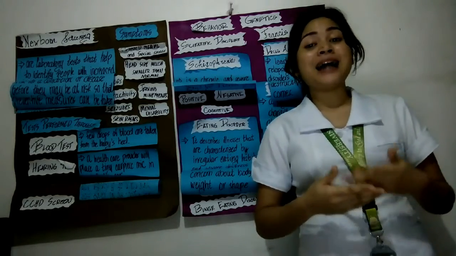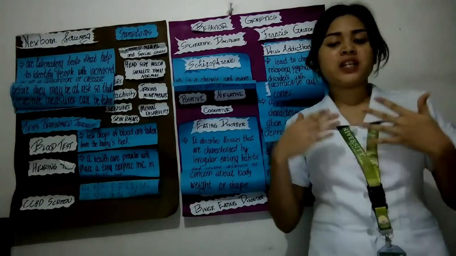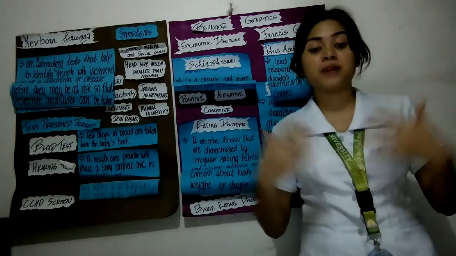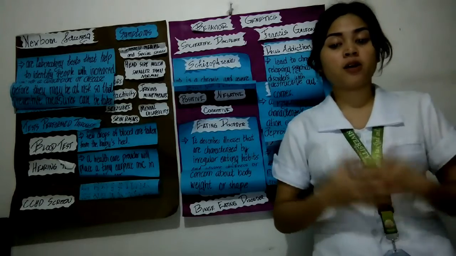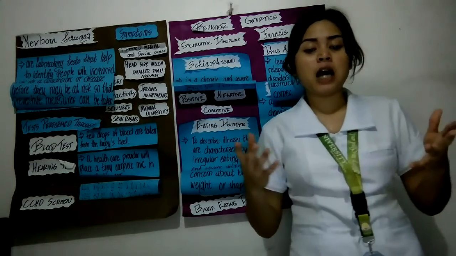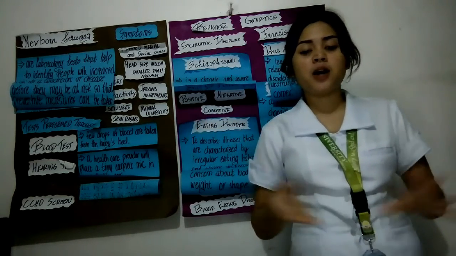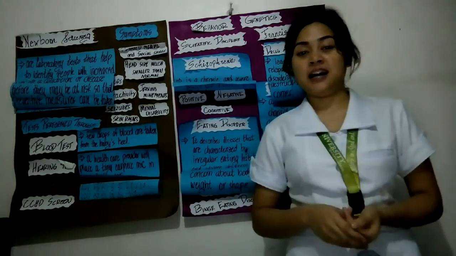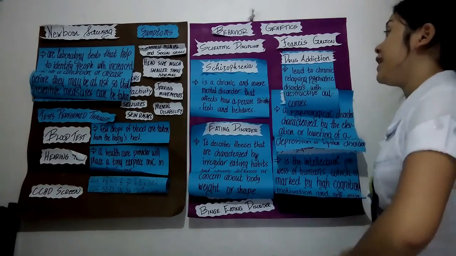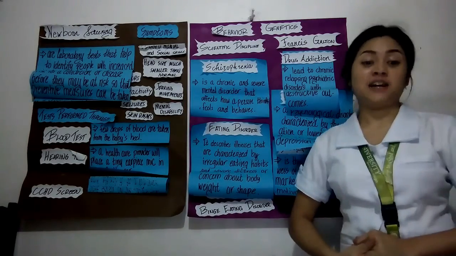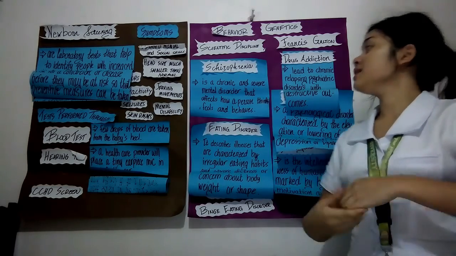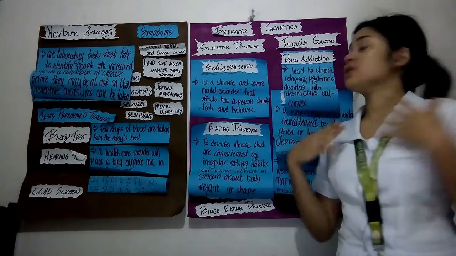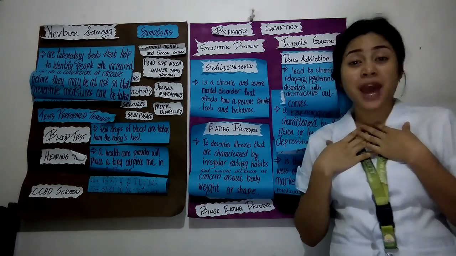focuses on identifying specific genes that affect behavioral dimensions, such as personality and intelligence, and disorders, such as autism, hyperactivity, depression, and schizophrenia. So we have here schizophrenia. Schizophrenia is a chronic and severe mental disorder that affects how a person thinks, feels, and behaves.